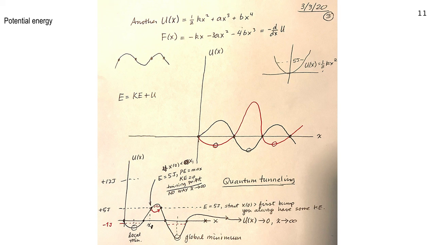It's only when this total energy line intersects the potential energy that they're equal, and that means that kinetic energy is equal to zero.